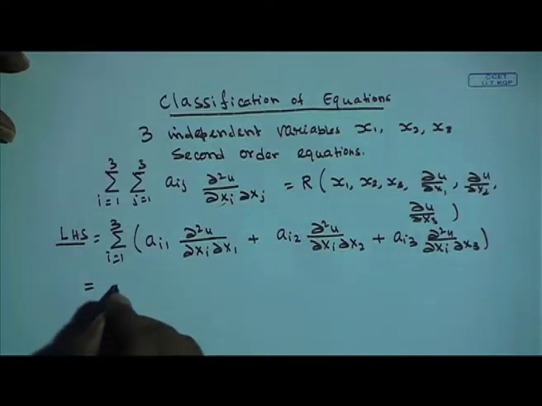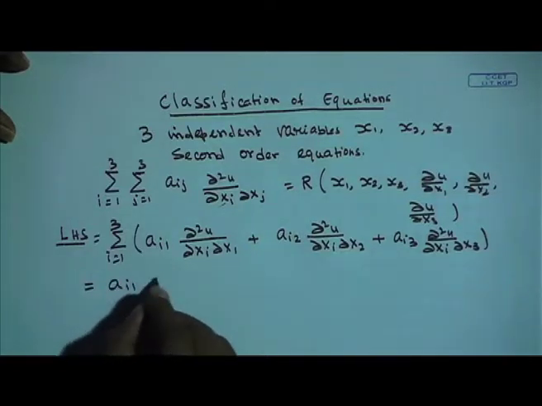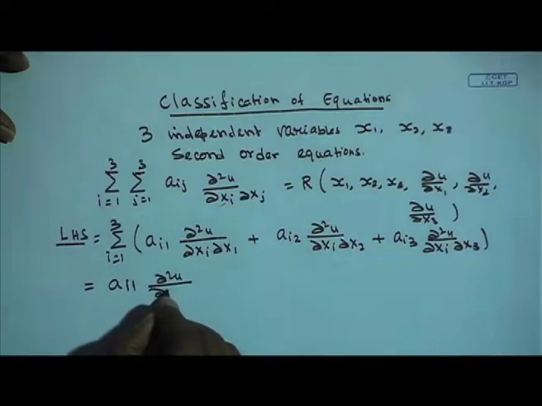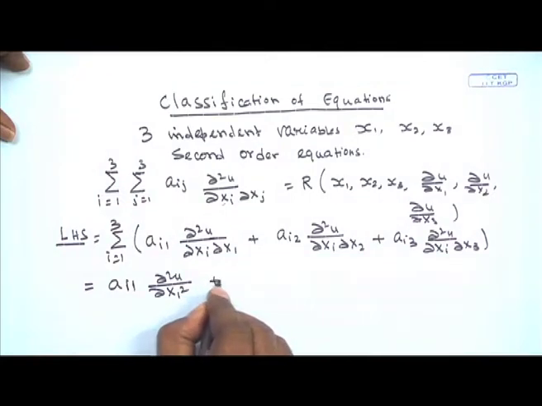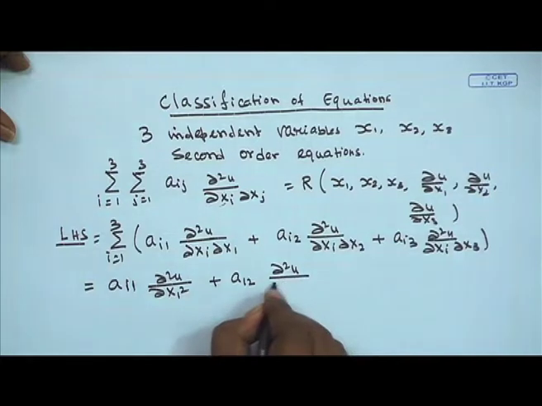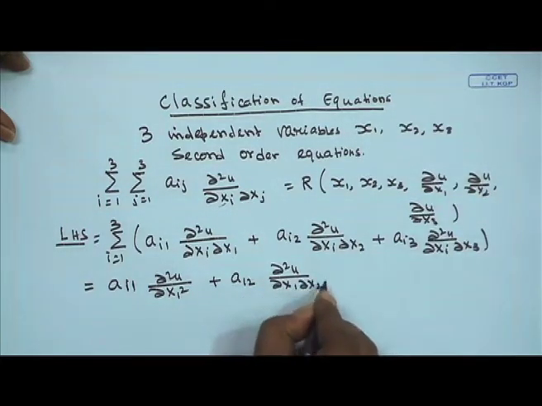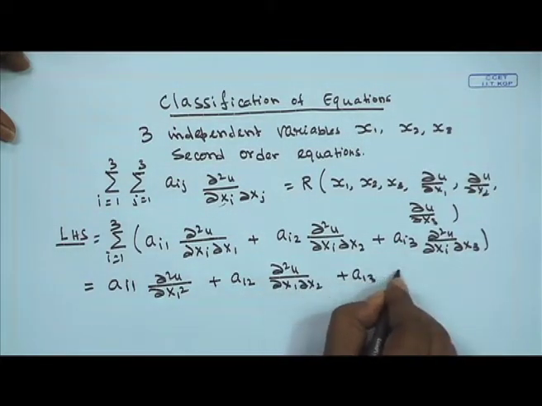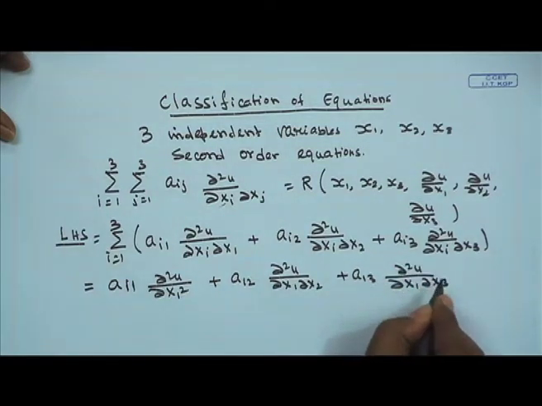If I do that, this will be a11 del square u del x1 square plus a12 del square u del x1 del x2 plus a13 del square u del x1 del x3.